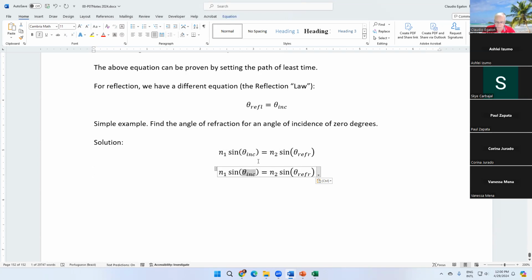The angle of incidence is 0 degrees. Consequently, the sine of 0 is 0, right? So the left side of the equation is going to be 0. And if the left side of the equation is 0, the only way this equation is going to hold is if the sine of the angle of refraction is also equal to 0.